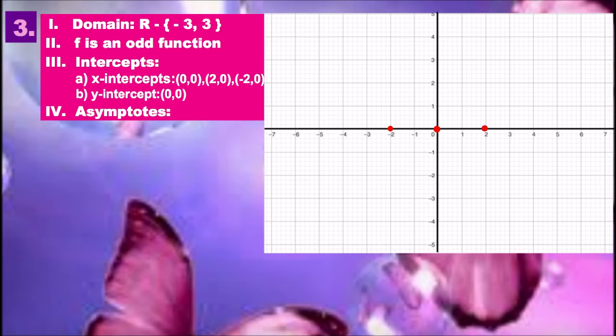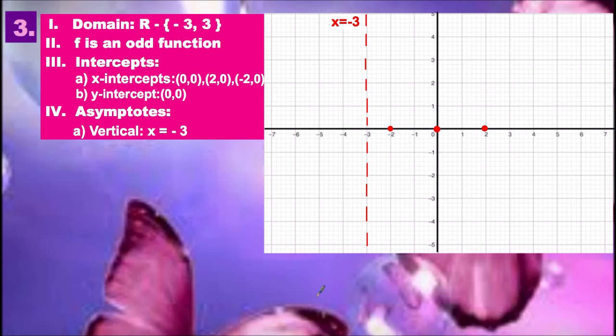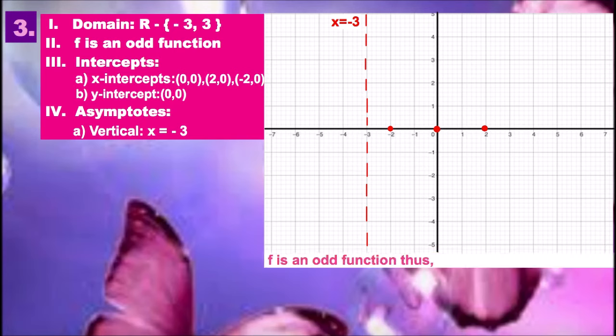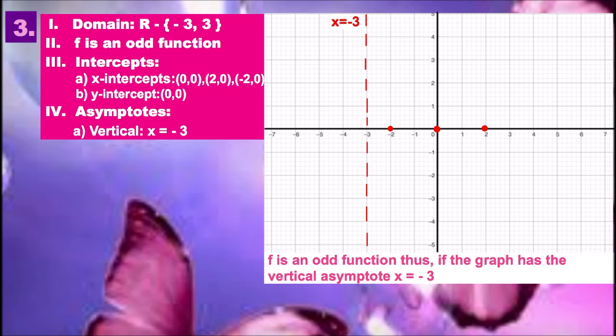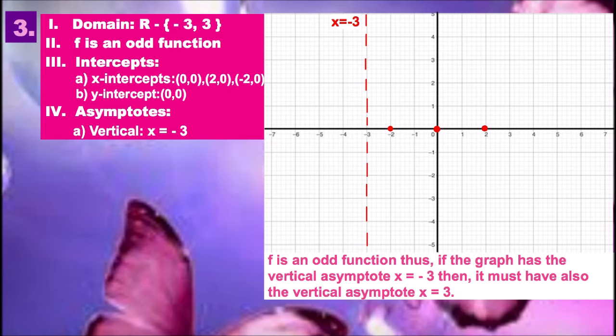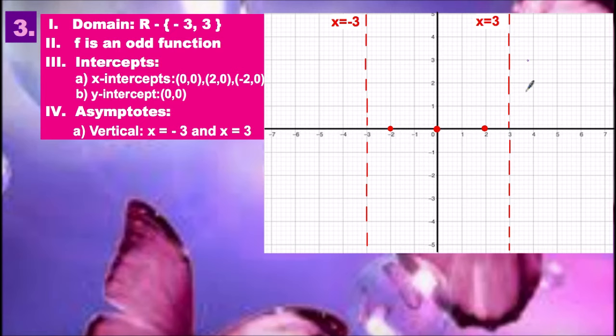The given asymptotes are, for vertical, x equals -3, drawn in red. f is an odd function, thus, if the graph has the vertical asymptote x equals -3, then it must also have the vertical asymptote x equals 3. And we draw that in as well.